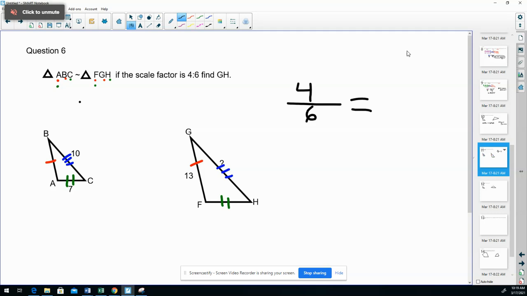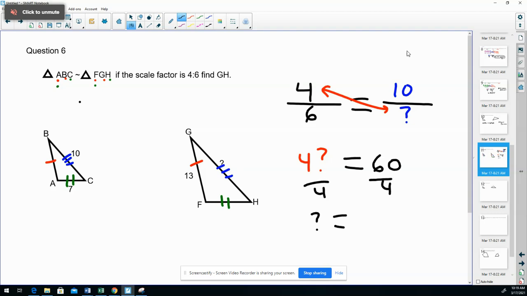Now notice that the question mark matches up with the 10. So I'm going to use the 10 and the question mark. I'm not going to use the 7 and I'm not going to use the 13. They're just there to kind of confuse you. So we have 4 times question mark is 4 question mark equals 6 times 10, which is 60. And we divide both sides by 4, which is 15. Okay, so GH, or question mark, is equal to 15.